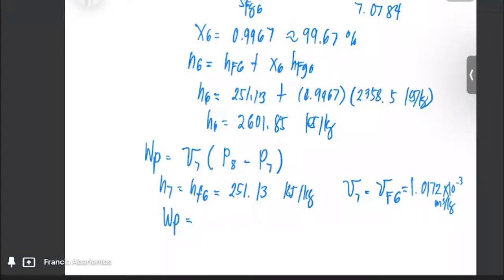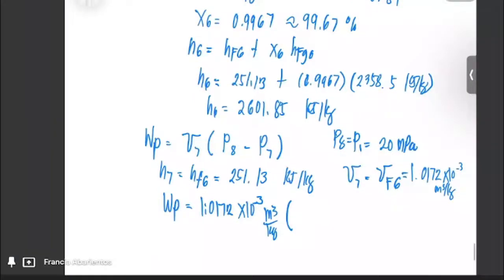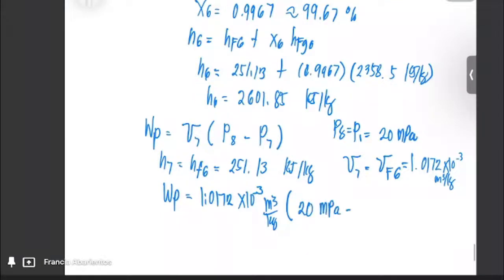Yan. So, ito yung gagamitin natin. What is the pressure 8? Ano yung pinakaunang pressure natin? So, pressure 8 equal siya sa pressure 1, which is 20 MPa. Given yan sa problem class. 20 MPa minus pressure 7. What is the saturated? So, ang given sa atin class is in MPa.